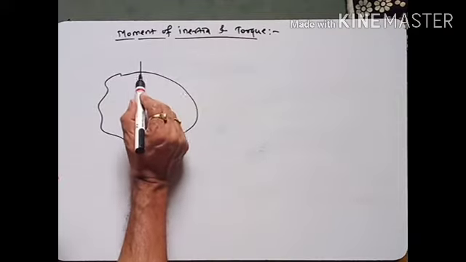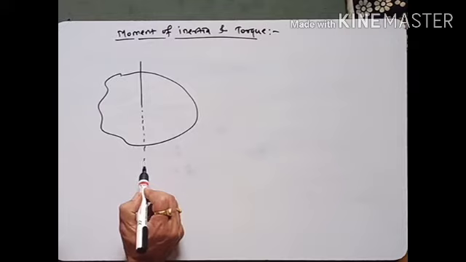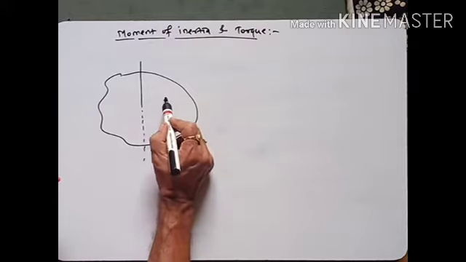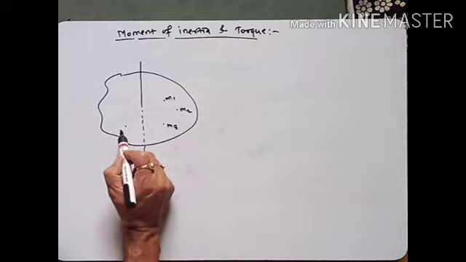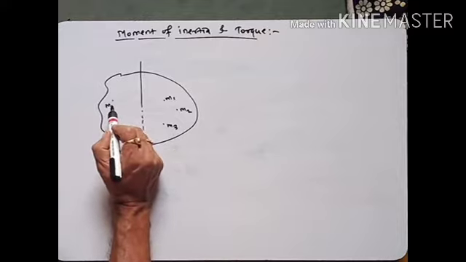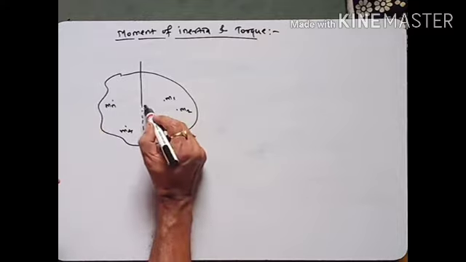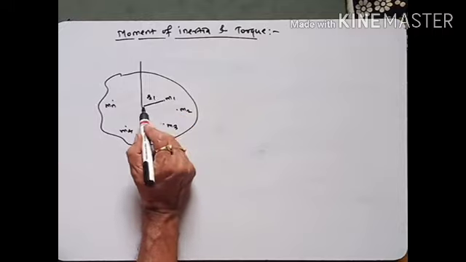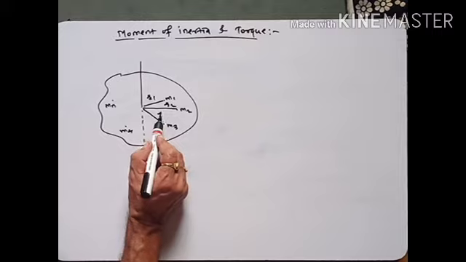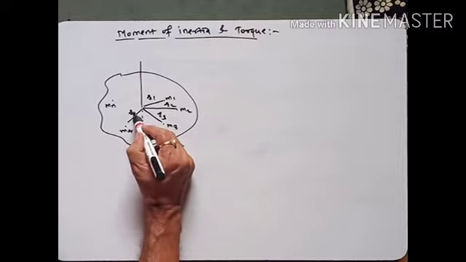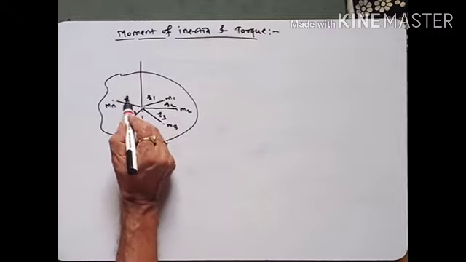Suppose this is the axis of rotation. Suppose you consider a number of masses m1, m2, m3, m4, up to mn. Suppose these masses are at distances r1, r2, r3, r4, up to rn.